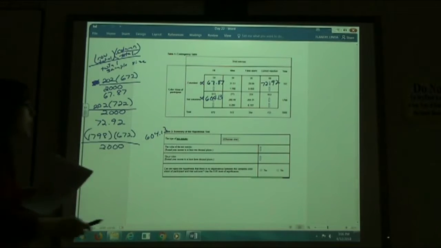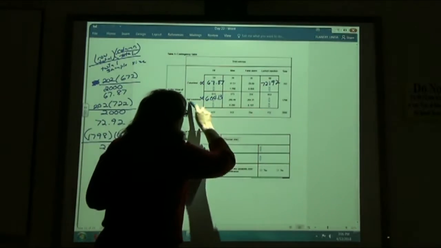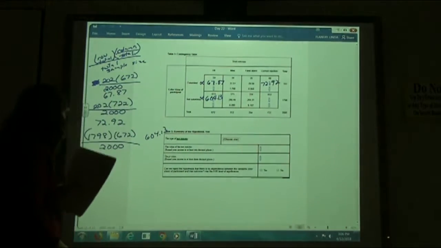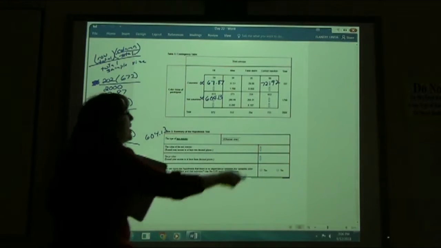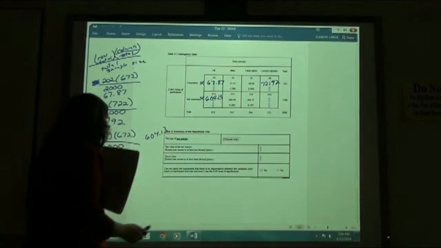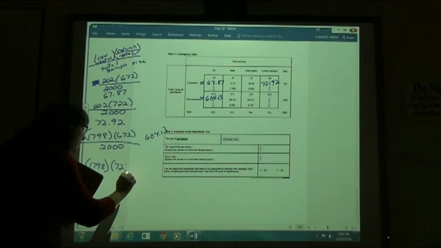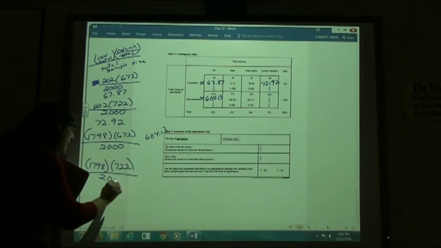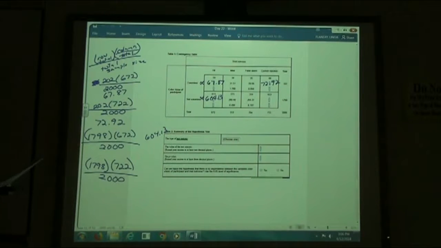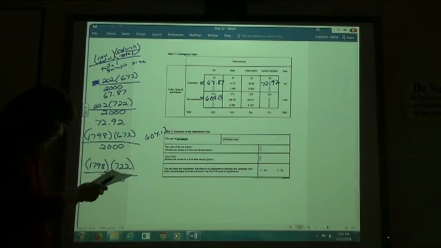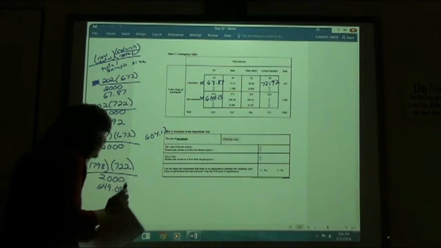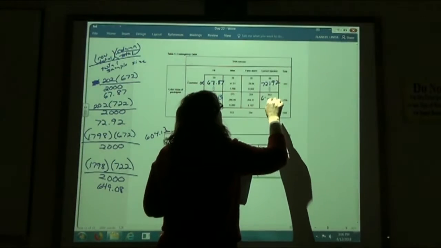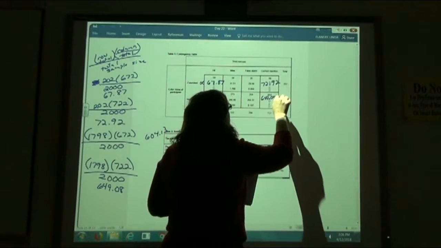Last box of this one over here, my row total, 1,798, my column total, 722, divided by my sample size, 2,000. I should come up with 649.08.